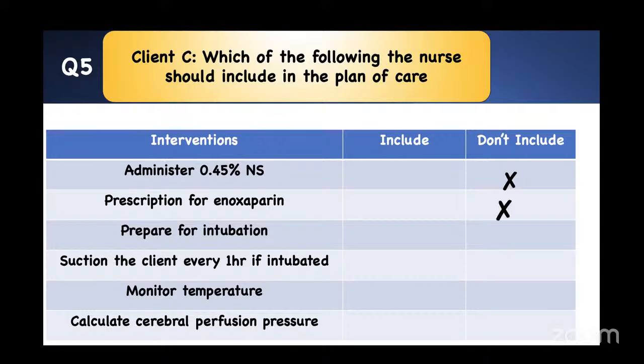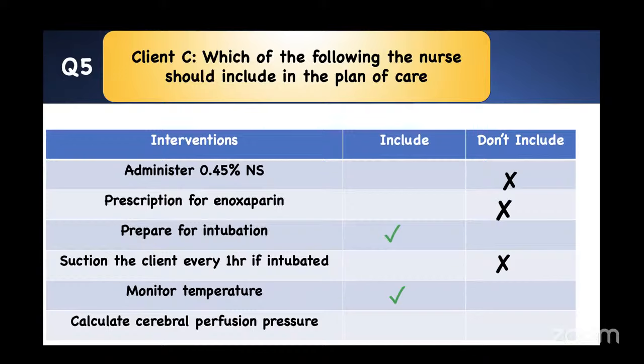Head injury patient will be prepared to intubate them because they may lose their airway. Do you want to suction them every hour? No, that is going to increase their ICP. Of course, you got to monitor their temperature because high temperature metabolic will worsen their ICP.